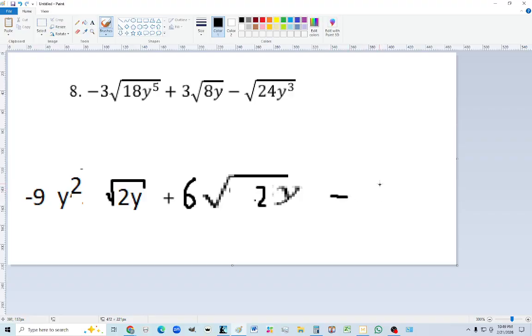Minus, so I'll just start with 4 times 6. 4 has a square root of 2, and square root of 6. And then y cubed can be represented as y squared times y to the 1. And y squared as a root. So I'm left with this.